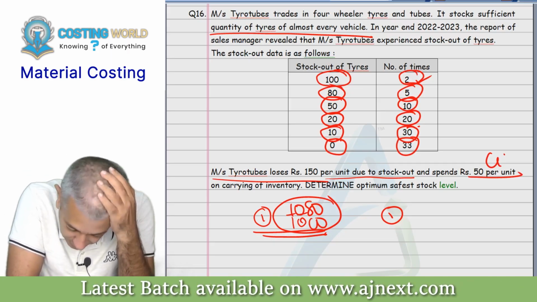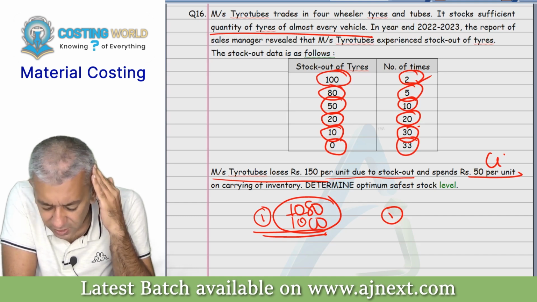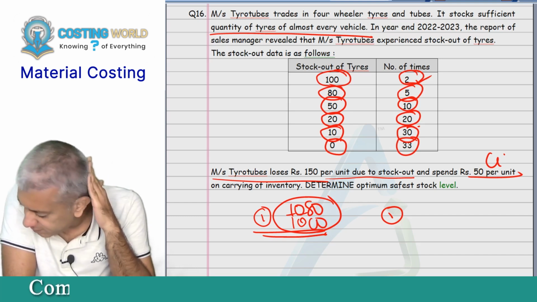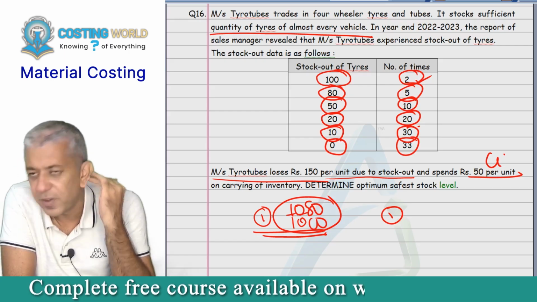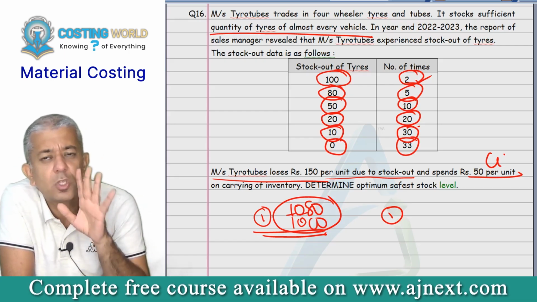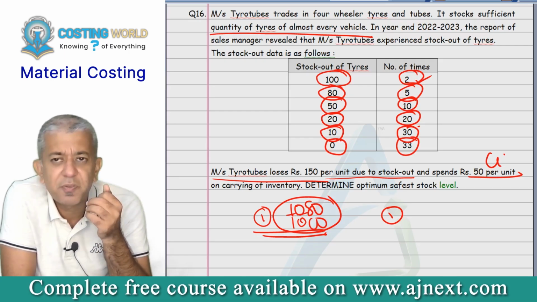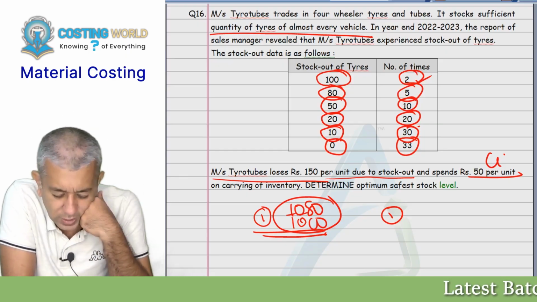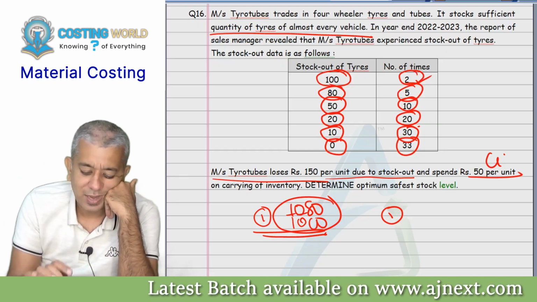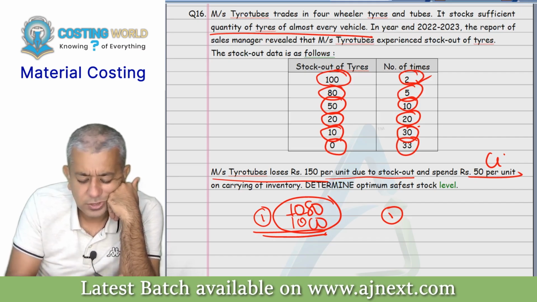Further, please read what is given. Determine the optimum safest stock level, meaning how much stock I should keep with me so that financially it is best for me. Just listen.